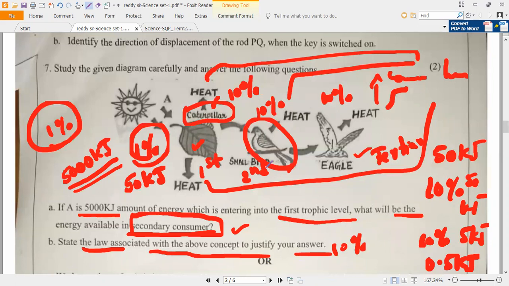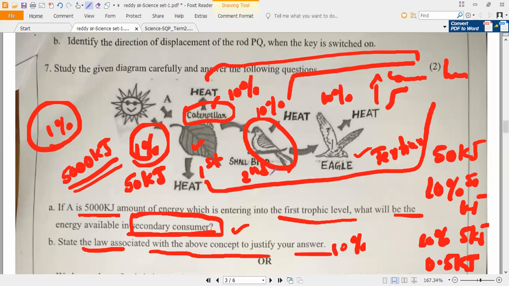Just now I told you, it will be useful for growth and development, and it will also be lost in the form of heat to the environment. That is what is called community heat. Some amount of energy goes to digestion, the remainder to doing work, and the rest goes towards growth and reproduction. And only about 10% of the food eaten is made available for the next level of consumers.